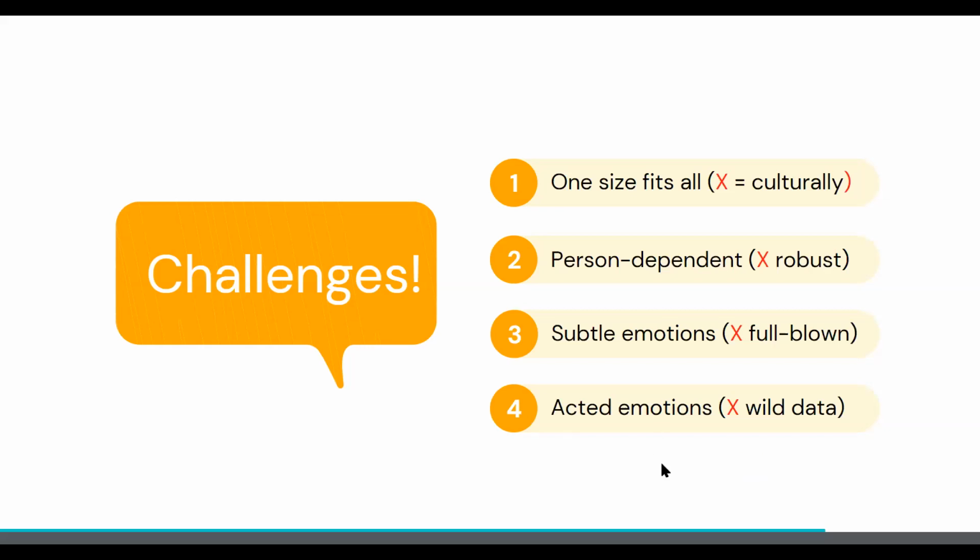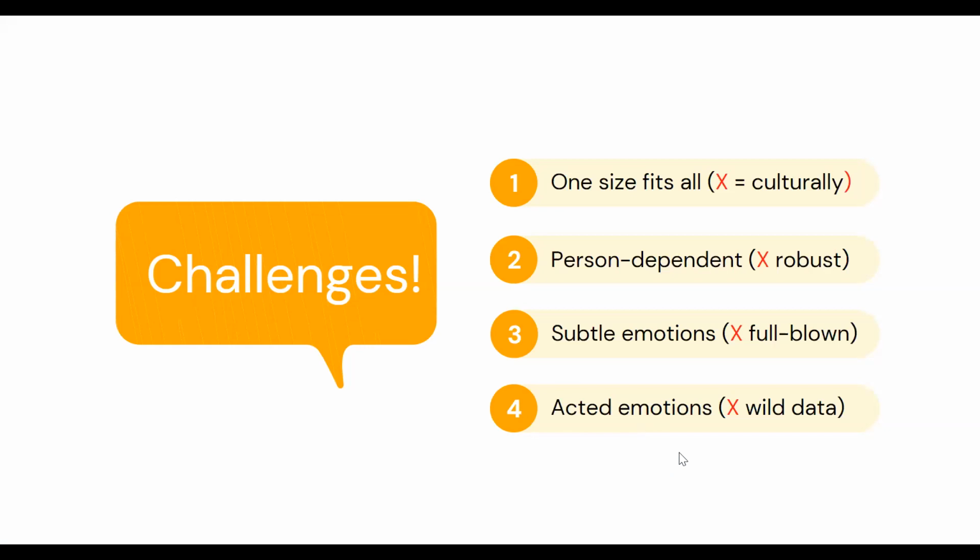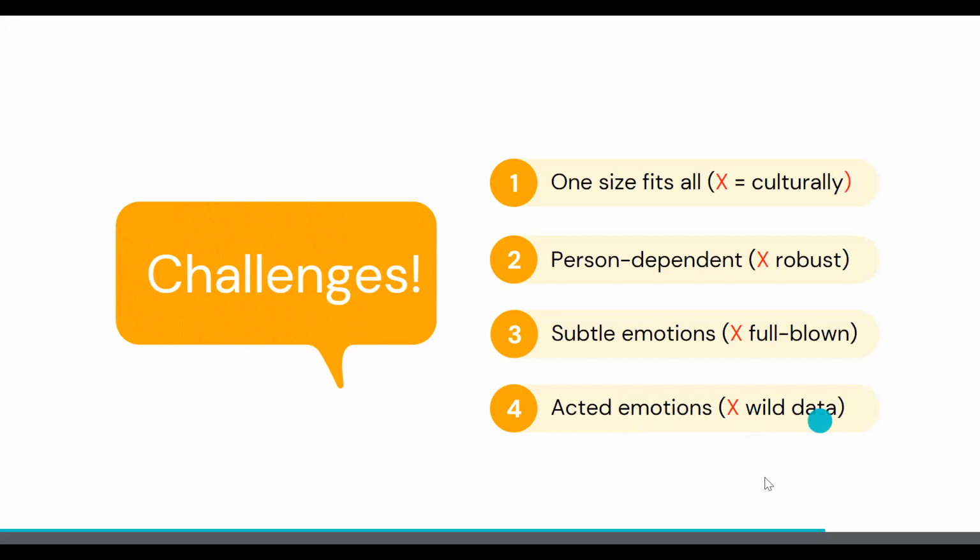We are still majorly working with acted emotion because that is a better controlled design environment to actually model emotion. But it is always better, of course, to use natural wild data, okay? So that it will be translated to a more natural emotion.